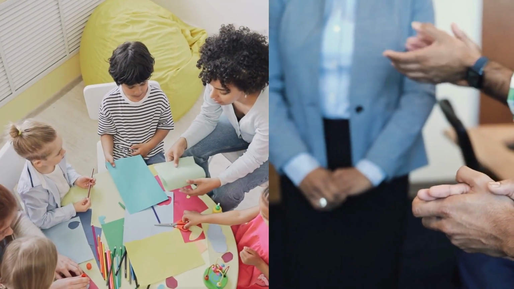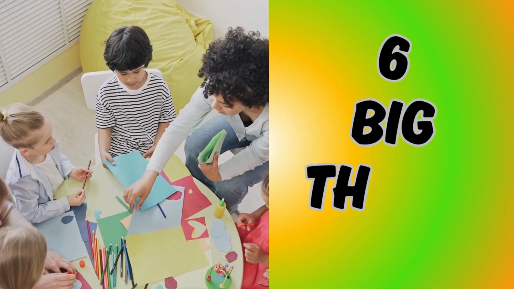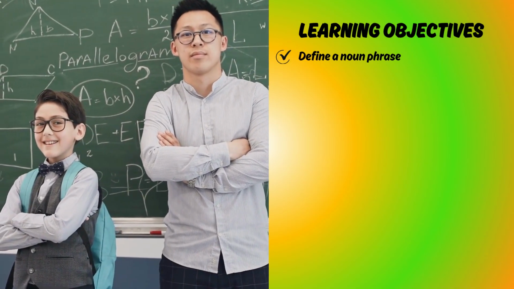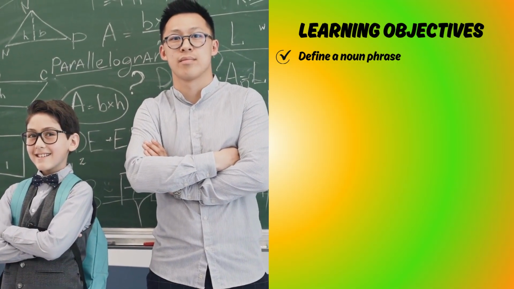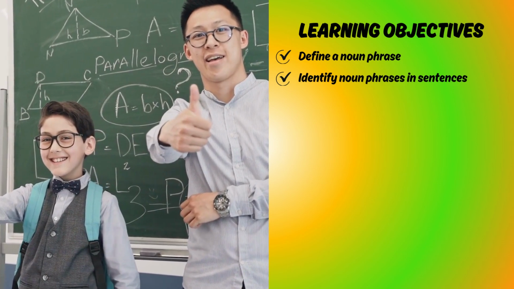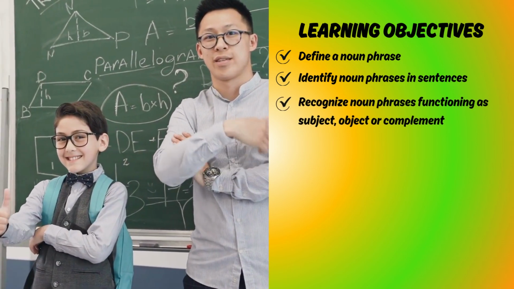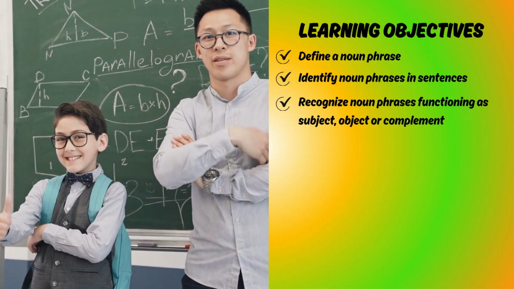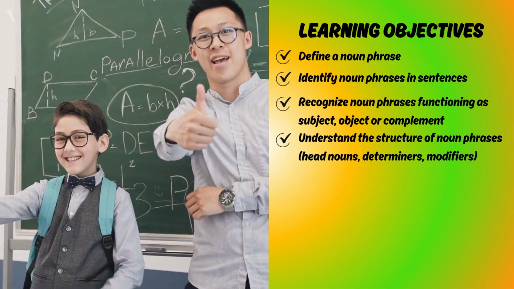By the end of this lesson, you'll be able to do 6 big things. 1. You will be able to define a noun phrase in a crystal clear and accurate way. 2. You'll spot them in sentences like a grammar detective. 3. You will know whether a noun phrase is acting like a subject, an object, or a complement. 4.